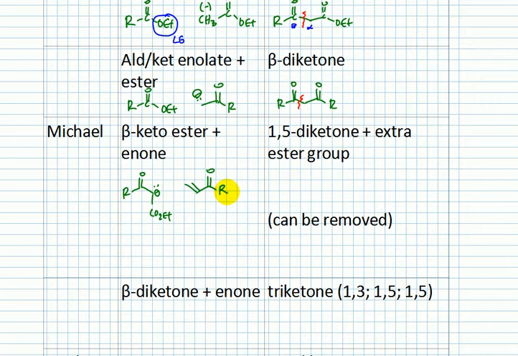Our product is a 1,5-diketone plus the extra ester group. So C double bond O, that's 1, 2, 3, 4, 5. But then we still have that ester group attached, alpha to the original enolate. Right? So 1, 2, 3, 4, 5. However, if we have hydronium and heat, we can decarboxylate to make a regular 1,5-diketone.